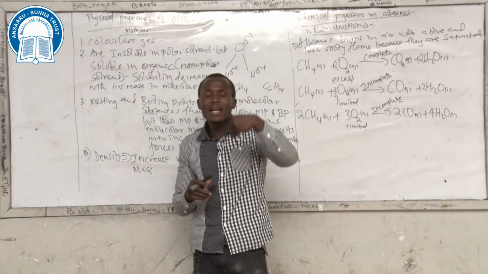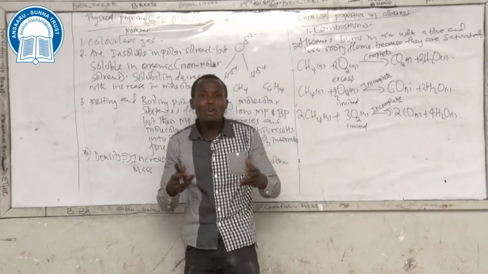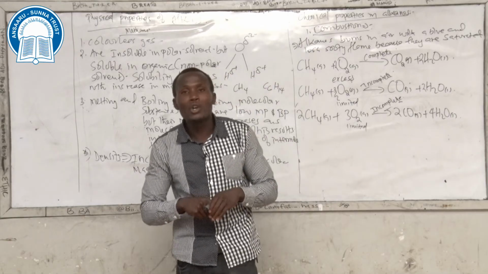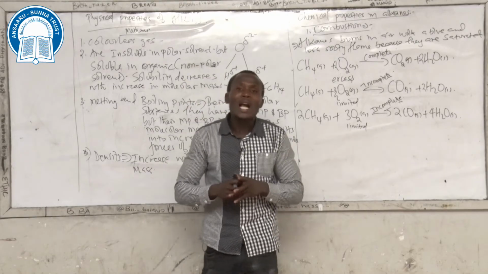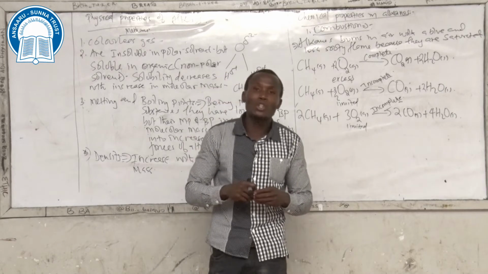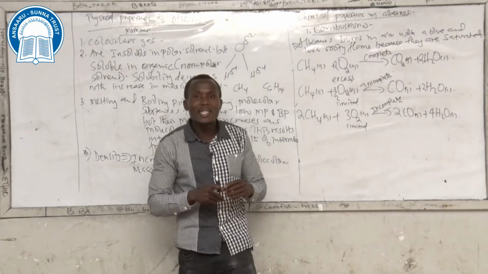When you inhale this gas, it is going to combine with the hemoglobin contained in the red blood cell to form a stable compound known as carboxyhemoglobin. Carboxyhemoglobin cannot dissociate. Therefore, this lowers the transportation of oxygen, causing suffocation and eventually death.